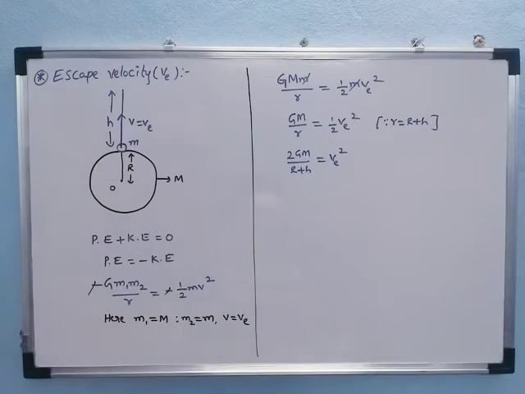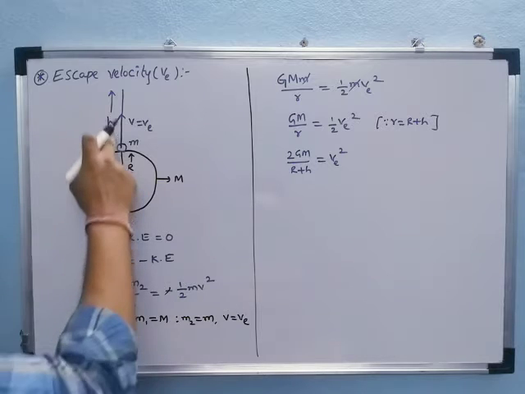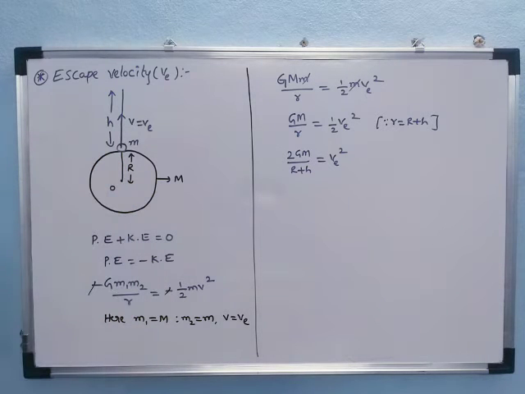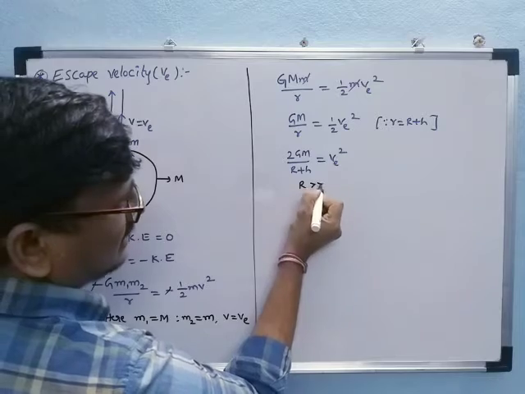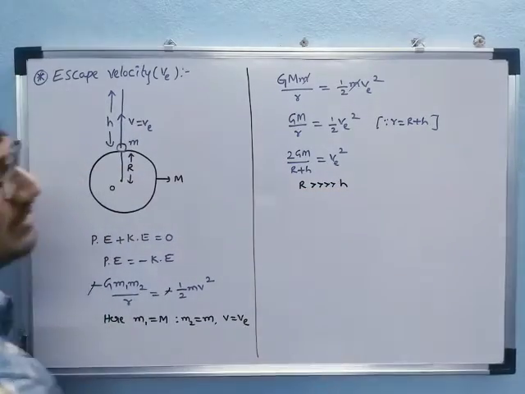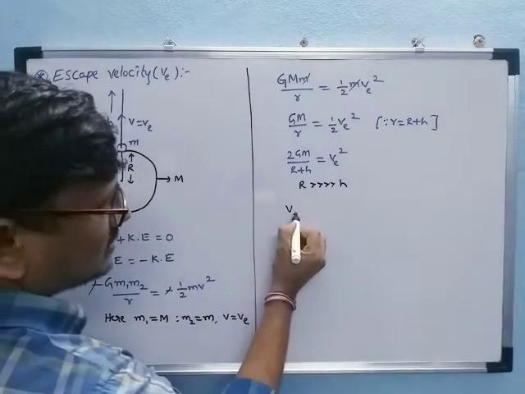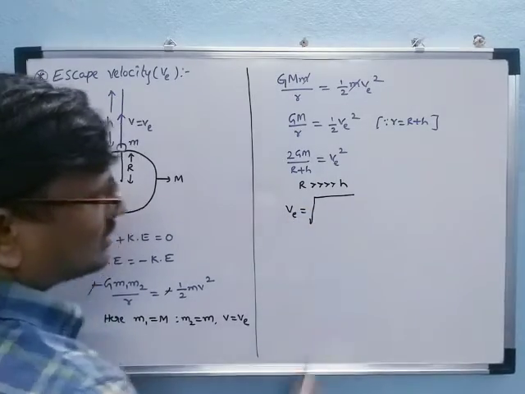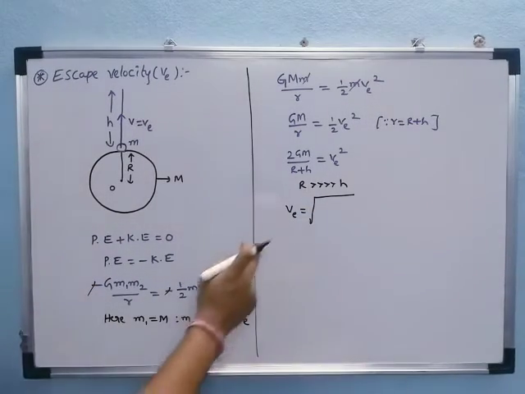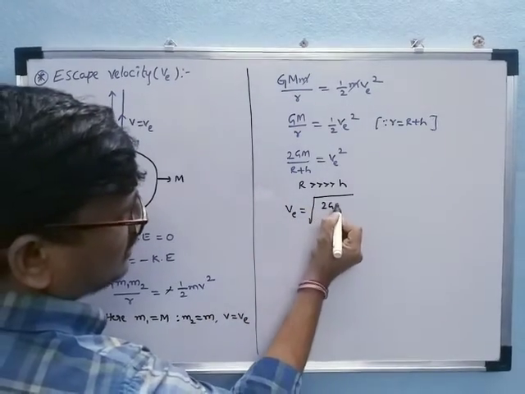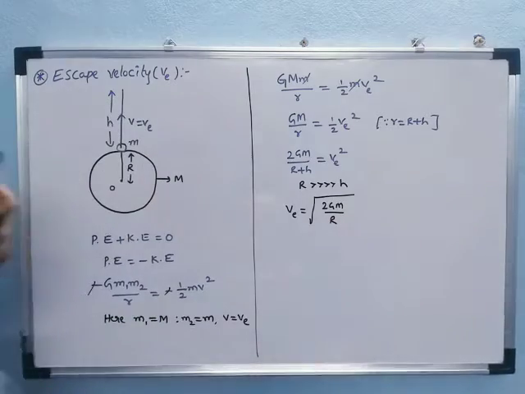But compared with the radius, the height of the object is very small. That's why the radius is greater than the height h, h can be neglected, and then we can write the escape velocity of the object ve is equal to the square root of 2GM by R.